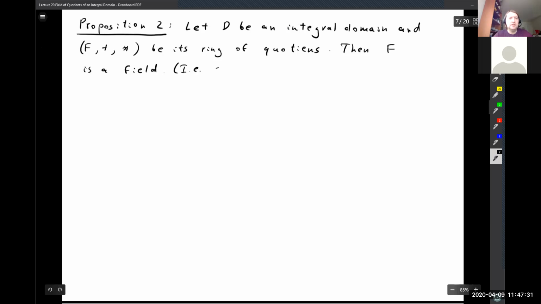In other words, every non-zero element X in F has a multiplicative inverse.